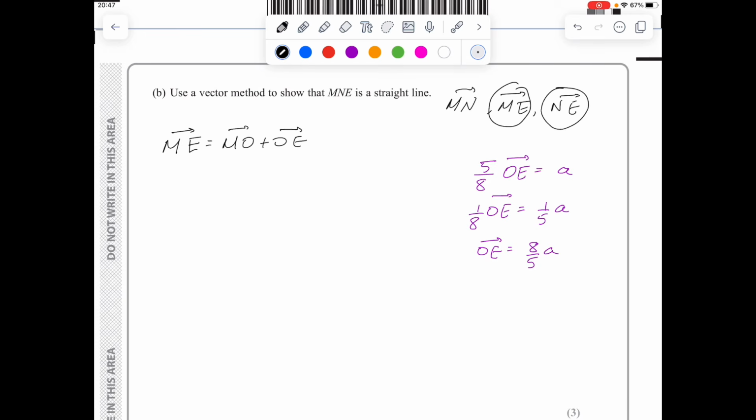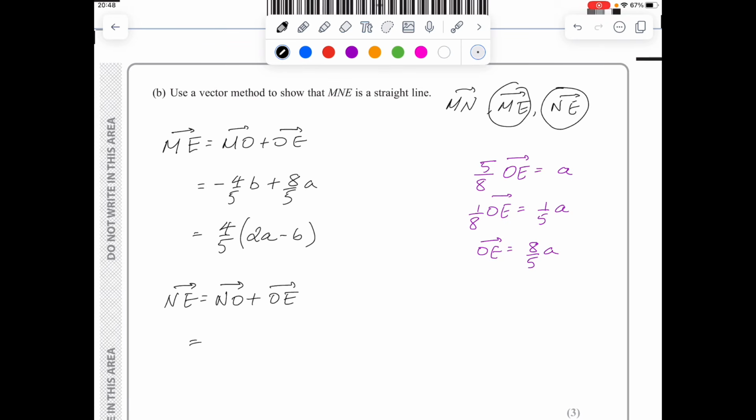So if I go to the left now, MO is equal to minus 4/5 of b plus OE, which is 8/5 of a. I can factorize this and take out the common factor of 4/5, and I will have in the bracket 2a minus b. Next, I will find NE. This is equal to NO plus OE.